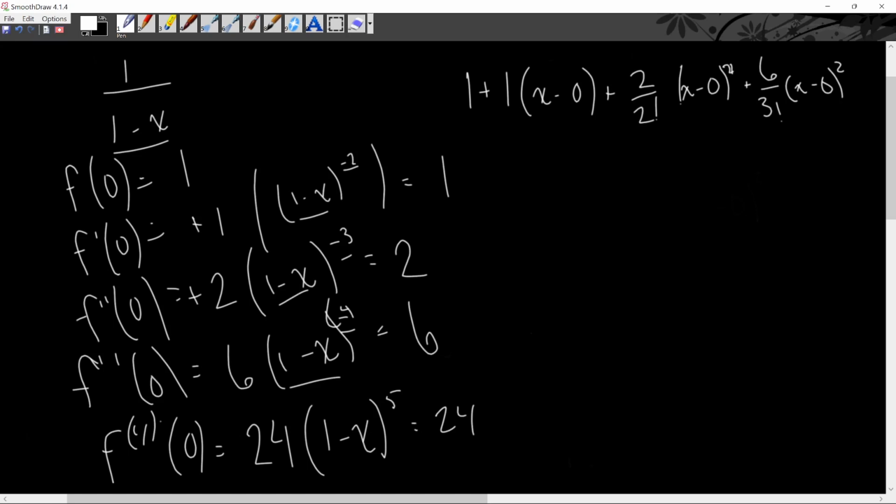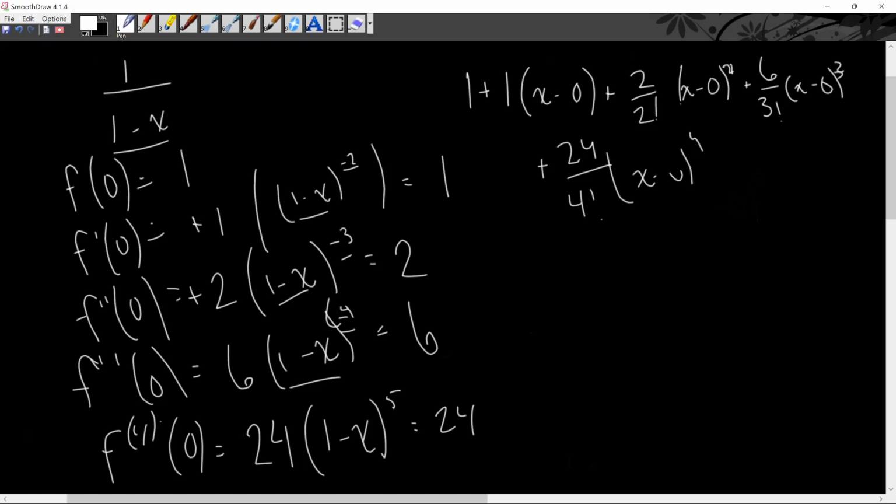Yeah, because I just didn't write that correctly. Third power, and then plus 24 over 4 factorial times x minus 0 to the fourth power, right?